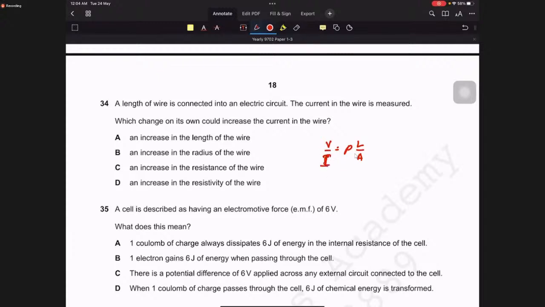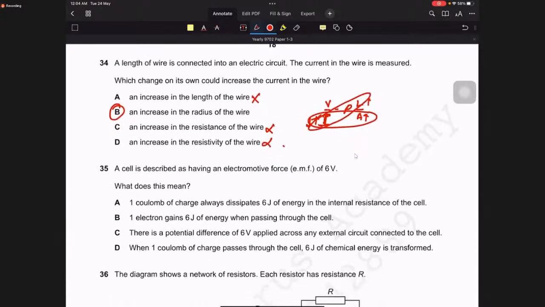So we need to see which is directly and inversely proportional. If we increase the length, the current will reduce, so that's not the right answer. Increase the radius: they are directly proportional, so the current will increase. That has to be the correct answer for sure. Increase the resistance, nope. Increase the resistivity, nope, because they're all inversely proportional to current.